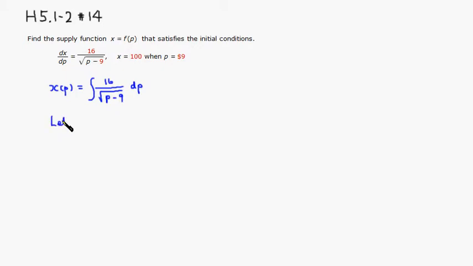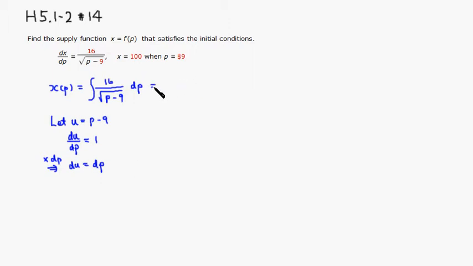Let u be p minus 9. Then take the derivative of u with respect to p, which is just 1. So we can multiply through by dp to get that du is exactly the same as dp.